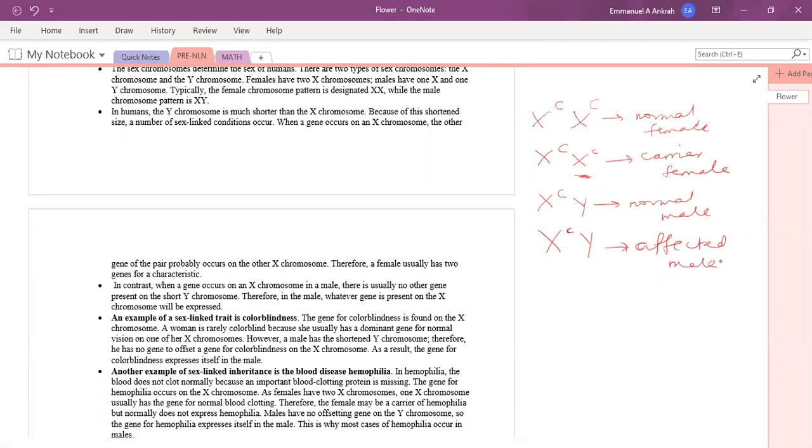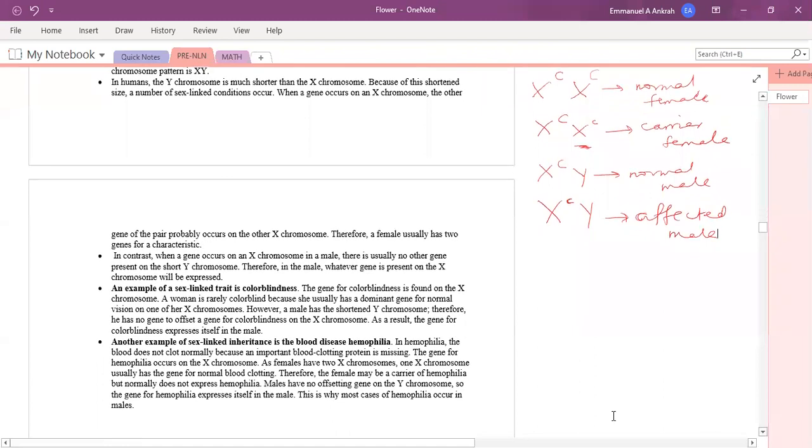The same thing happens with another example, the hemophilia disease, where they have abnormal clotting conditions. I think it runs through the royal family. In hemophilia, the blood does not clot normally because an important blood clotting protein is missing. The gene for hemophilia occurs on the X chromosome.